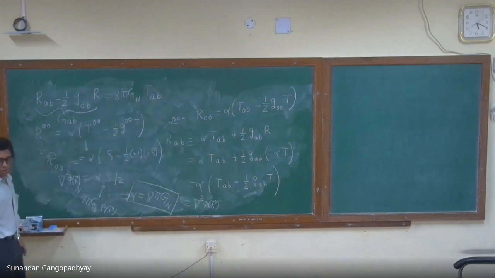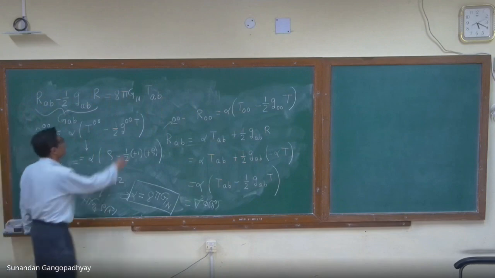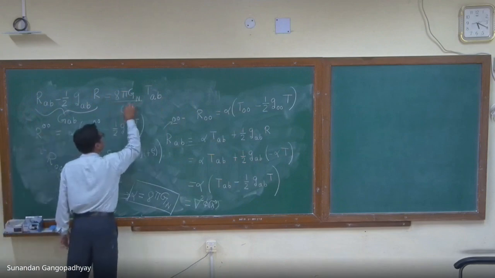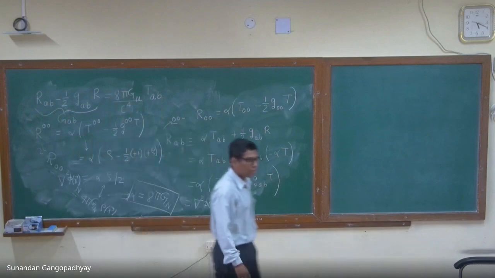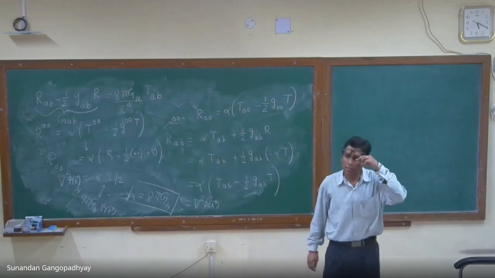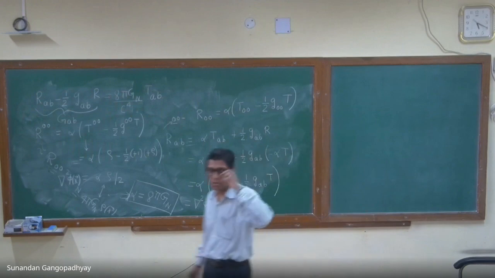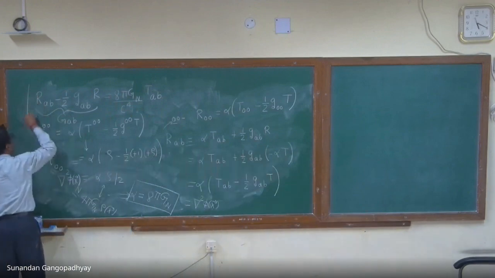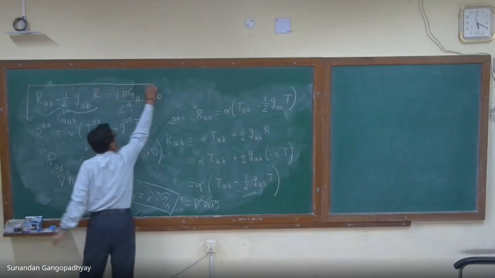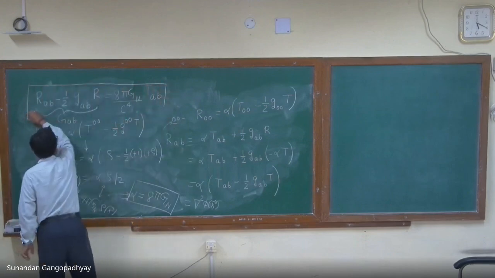And if you restore the speed of light, then from dimensional consideration you have to divide this equation by c to the power 4, and therefore this is your final proposed equation of the general theory of relativity or gravity.